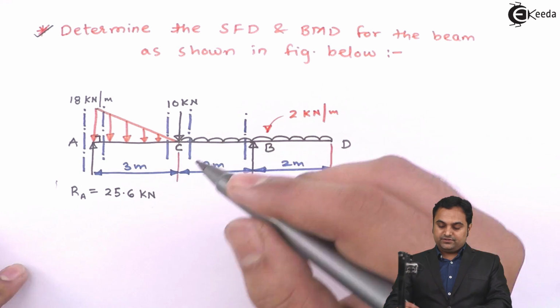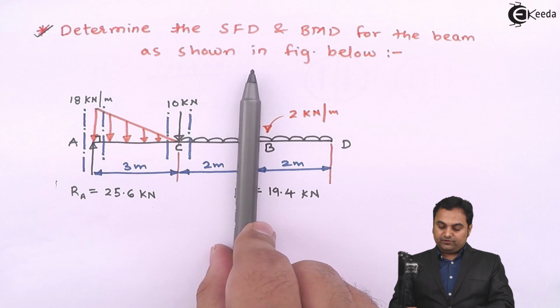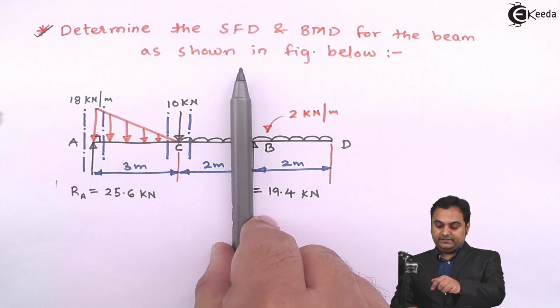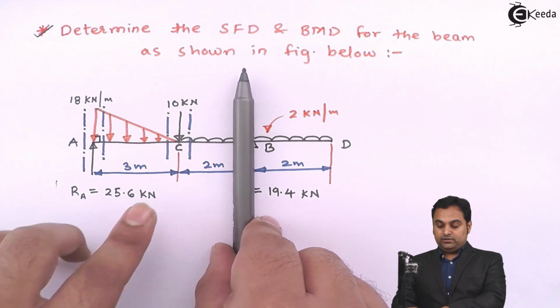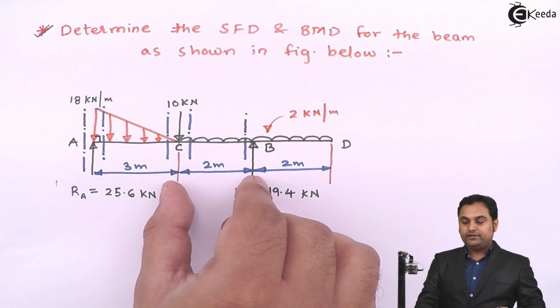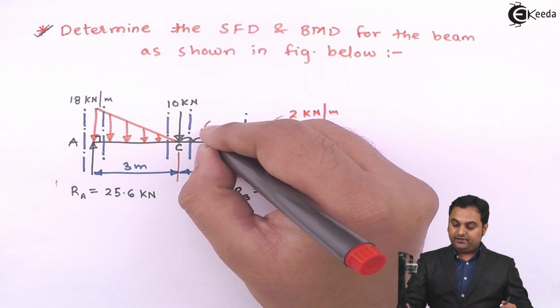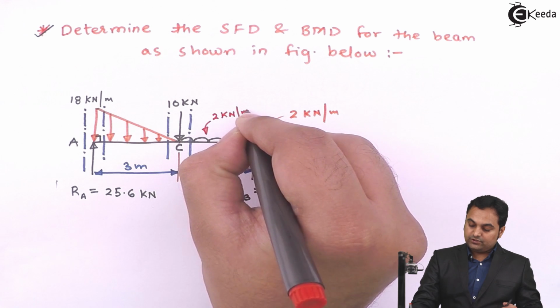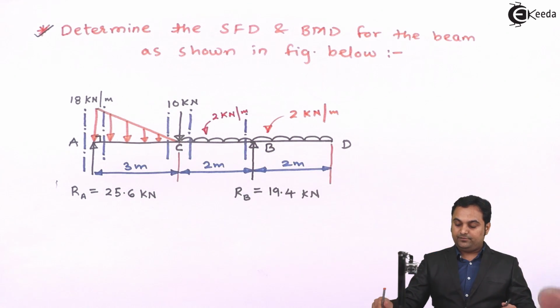Now when I'm taking the section to the left, how many forces I have? RA, the point load of UVL, 10 kilonewton, and even this UDL which is there up to 2 meter length, it has the same intensity as 2 kilonewton per meter. So this UDL up to C to B will also come here.